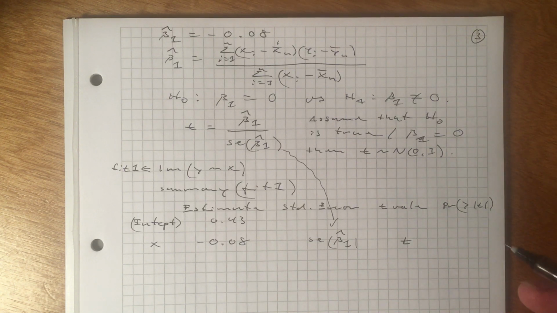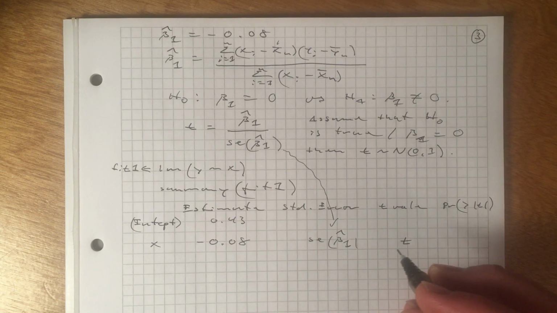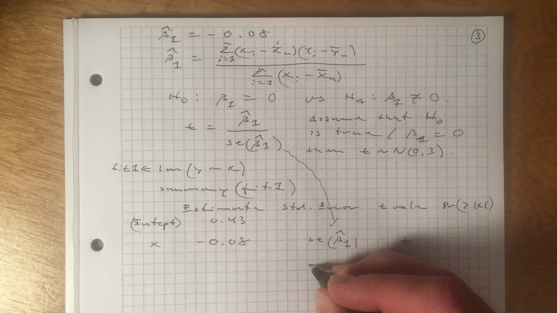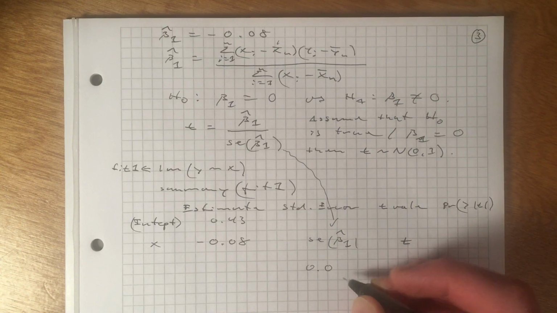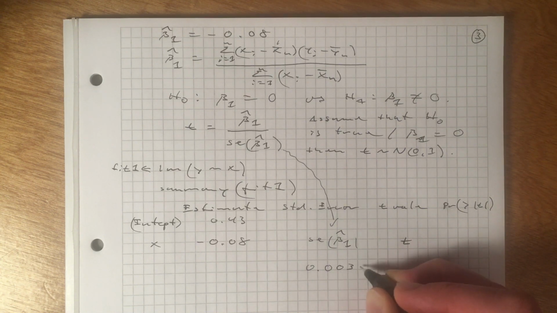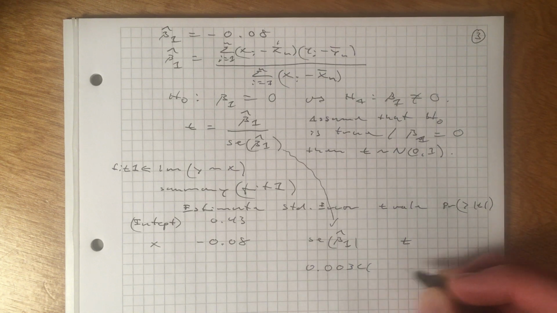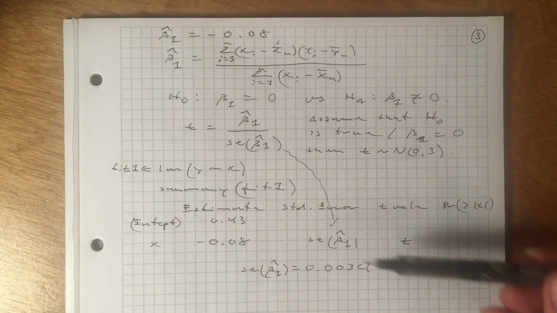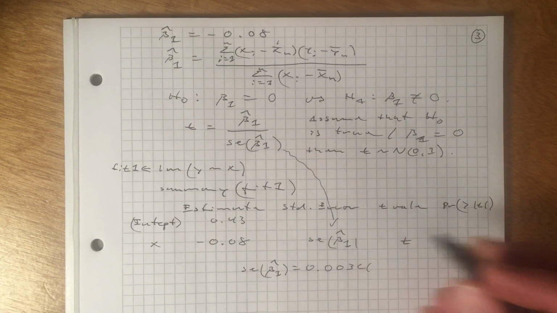So let us assume that we get the number for the standard error is 0.0034. So this is our estimate of the standard error of beta 1. That's the number you'll find here.